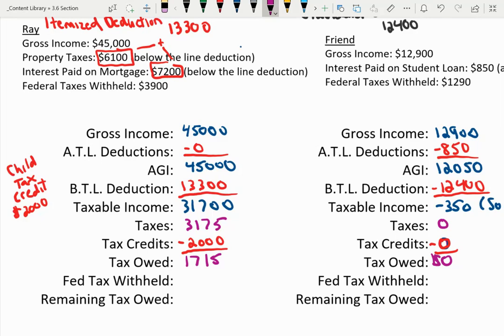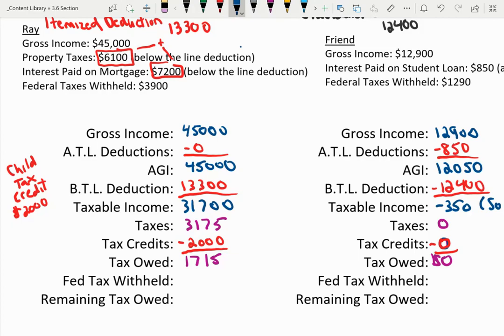Now, his employer at the golf course has been taking out taxes throughout the year, okay? Because you don't want to just show up in the spring and say, "Oh, I've got to owe these taxes," because then Ray would have to write a check for $1,715, and that would not be cool. So Ray's employer has held out 3,900.